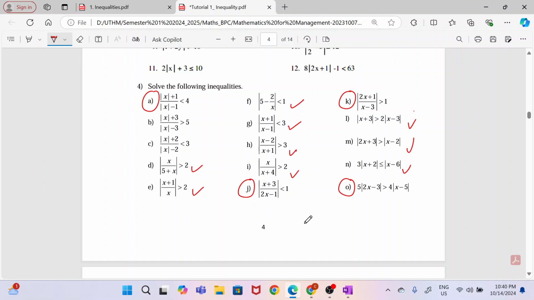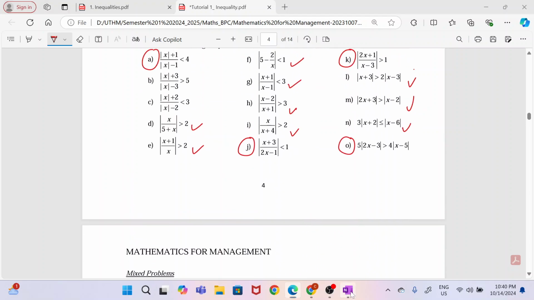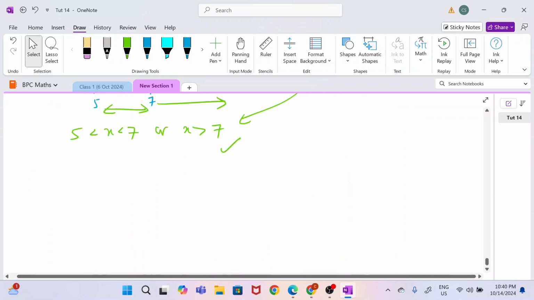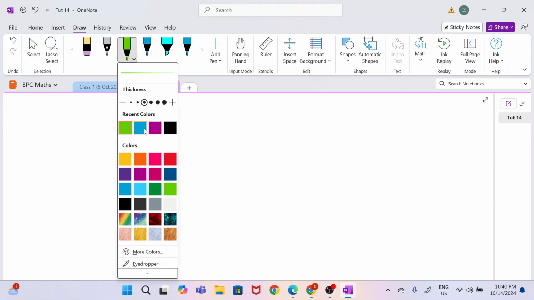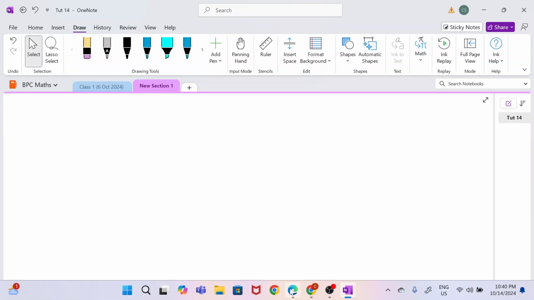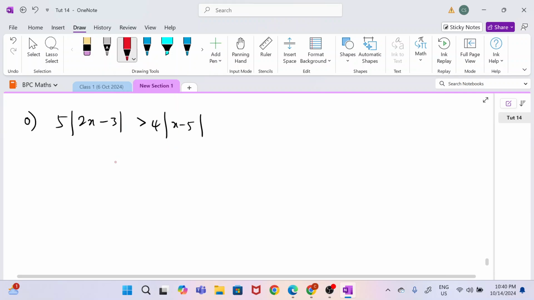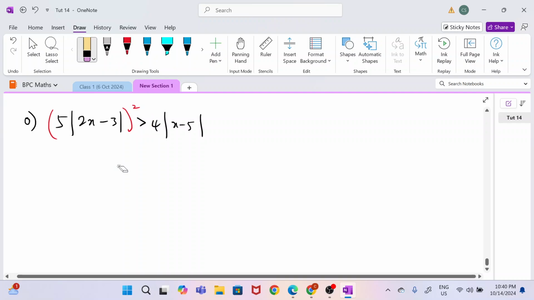Quick one, very small, not very lengthy, the solution. Last one, O. This type of equation you square it both sides, only one method, one solution, square it.